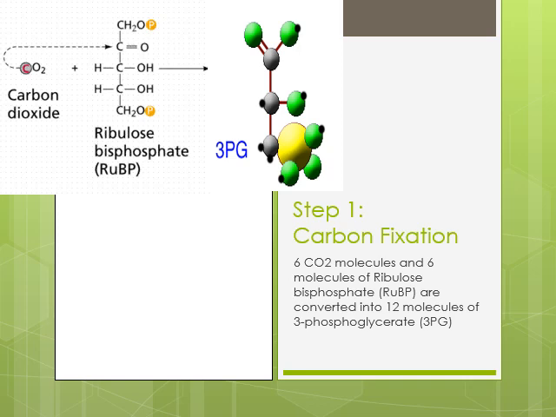The terms you need to know are RUBP, carbon dioxide, and take a look at this molecule. It's got 3 carbons to it. That's going to come into play later. It's just sort of like foreshadowing. So you're taking these 6 CO2, 6 RUBP, and building 12 molecules of 3-PG.